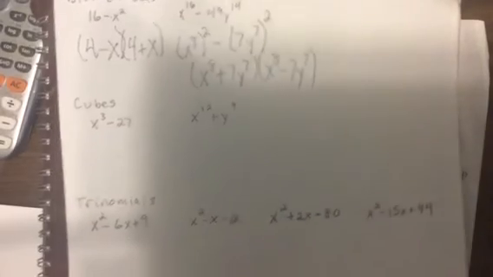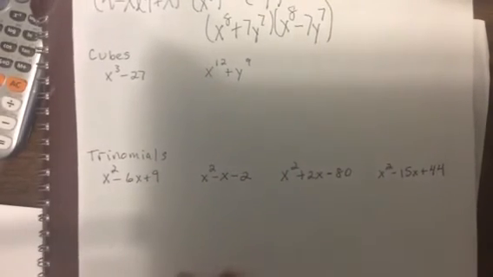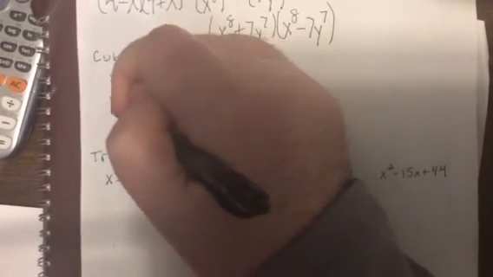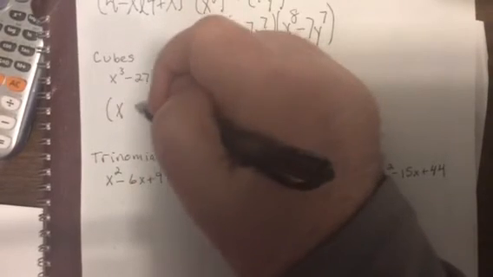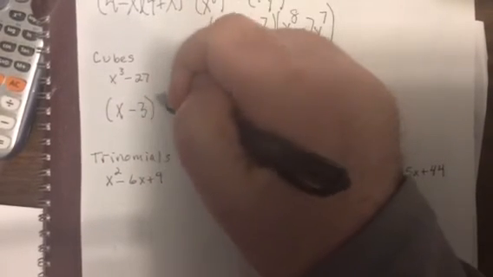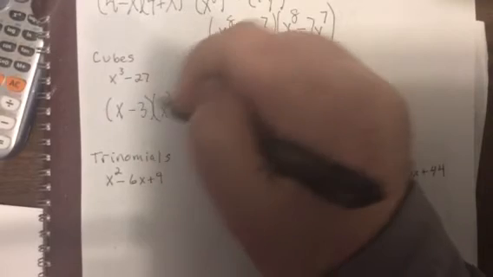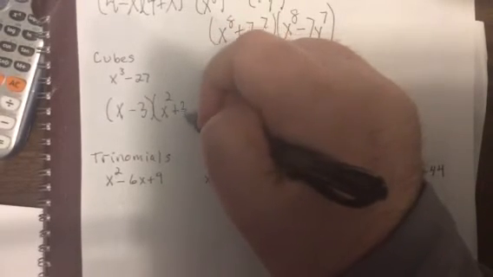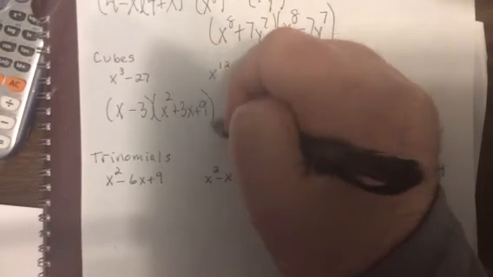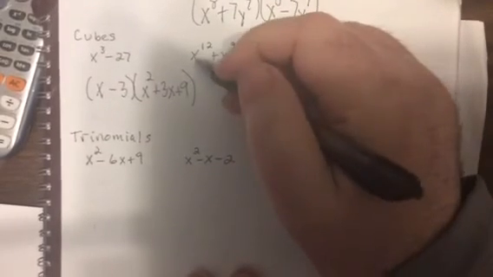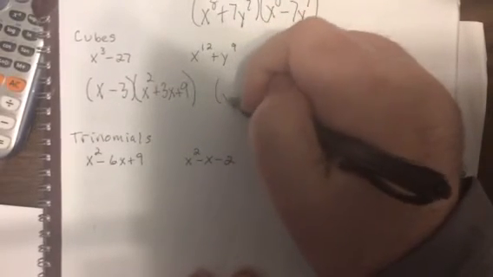Oh no, cubes, if we only had a story. How about first write it without the cubes, then square the first term, opposite sign, product of the two, add the square. Now this one, first write it without the cubes.